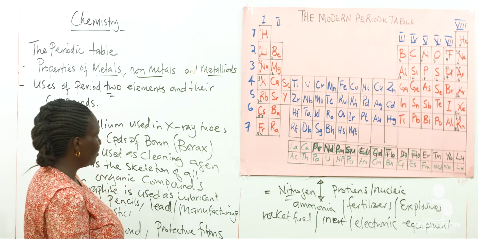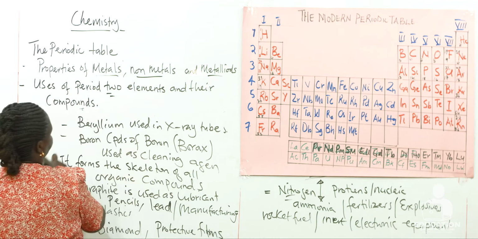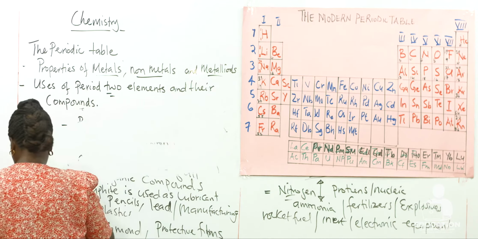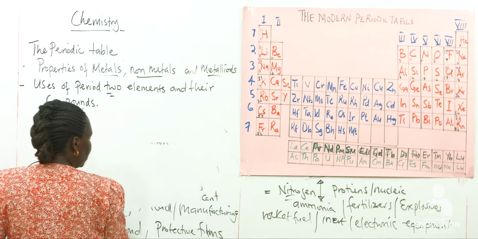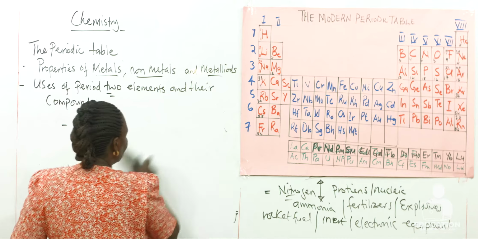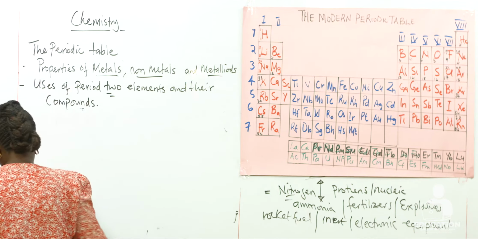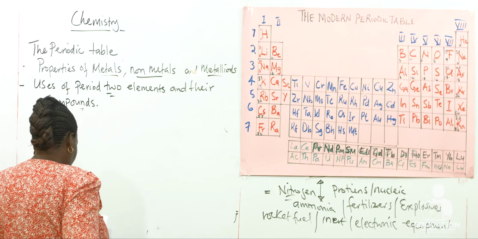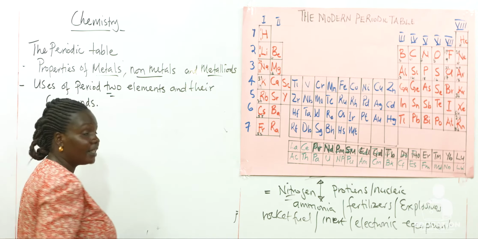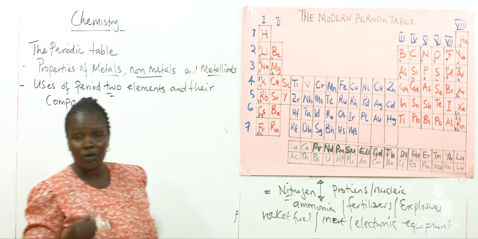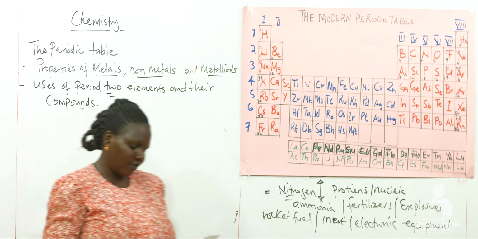Then beside nitrogen we have oxygen. Oxygen is the most abundant element in the earth crust, followed by carbon. Oxygen is a gas that is essential for our life. Without oxygen we cannot survive.